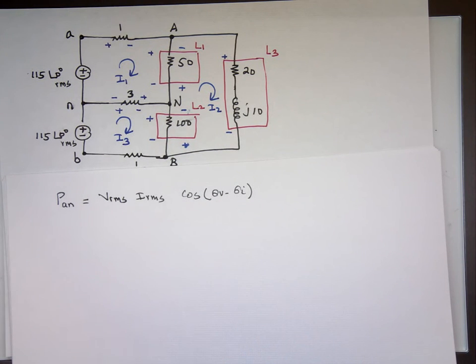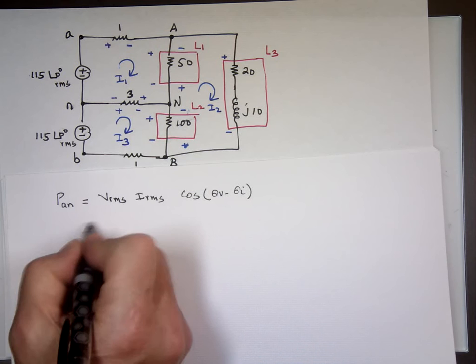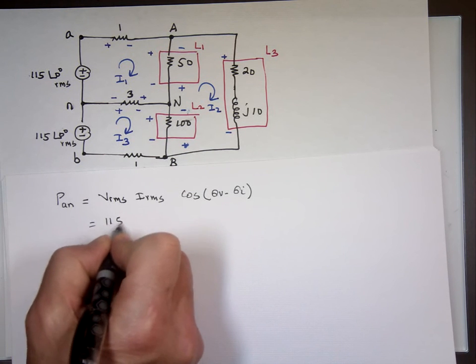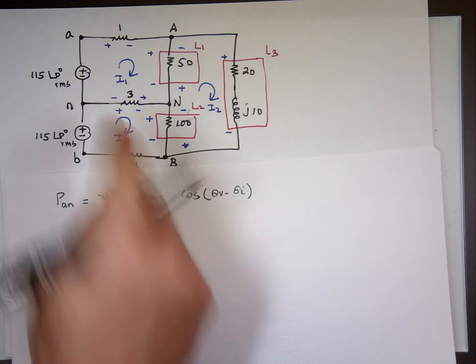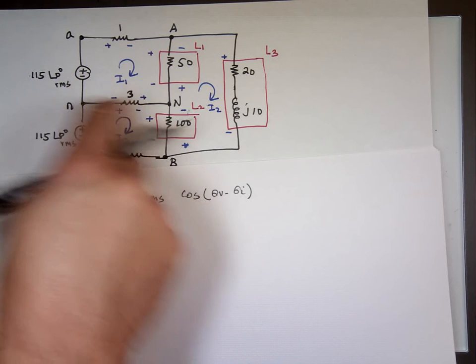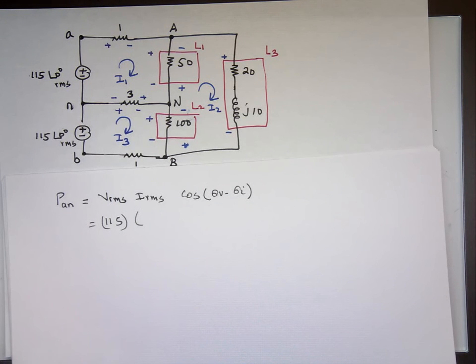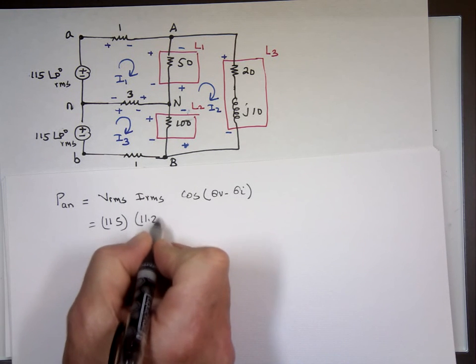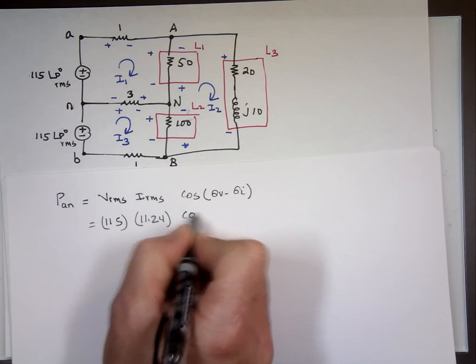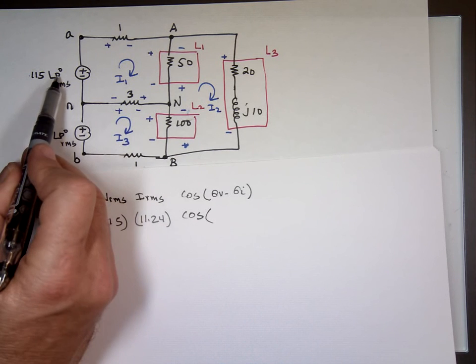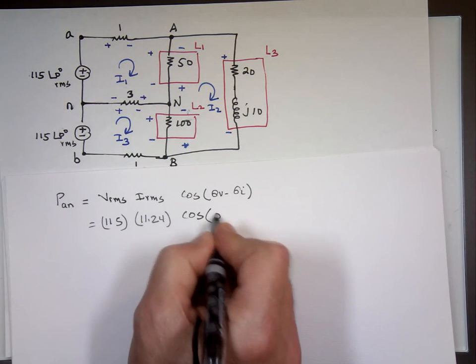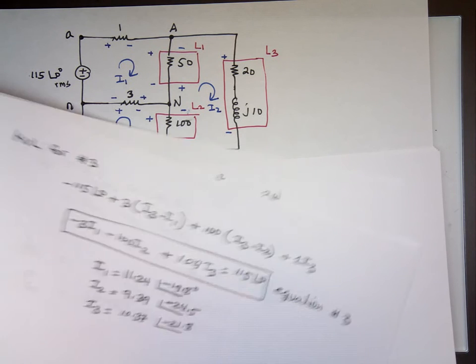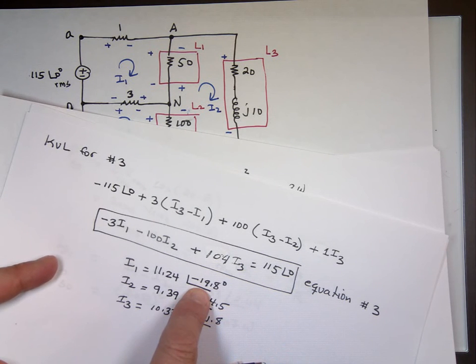For the top one, the VRMS is 115. And what's the current? Isn't that I sub 1 going through it? I sub 1, I forgot what I sub 1 was, 11.24. Cosine, what is theta V here? 0 minus, what's theta I for I sub 1? What was it, the negative 19.8, right?